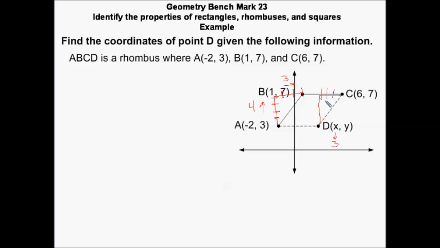And then I'm going to go down 4, 1, 2, 3, 4, which would also put me at 3. So this point would be on 3, 3 if I drew it on the graph. Does that make sense? Pretend there's graph lines. So same idea as yesterday. Exact same idea as yesterday.